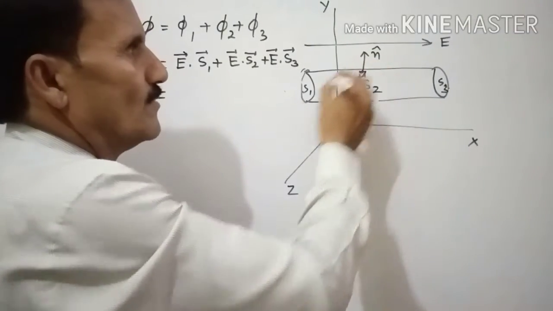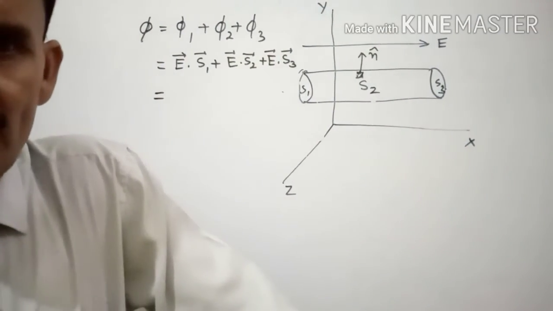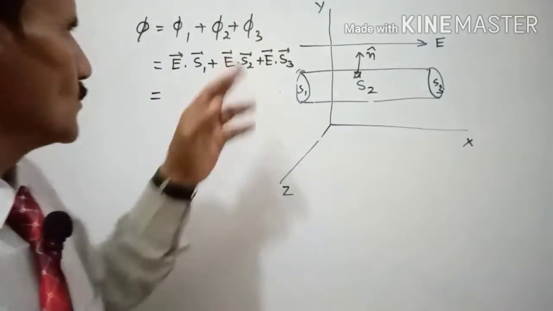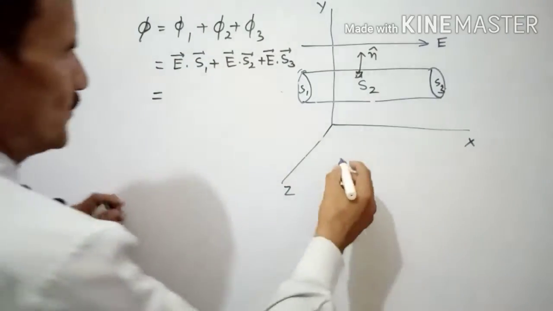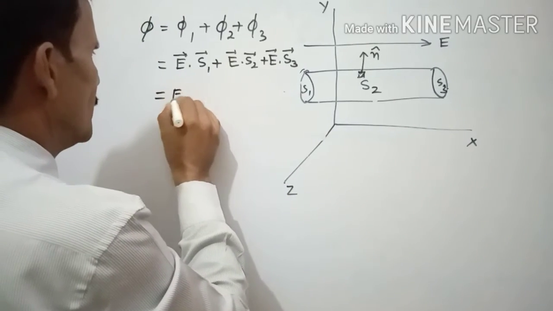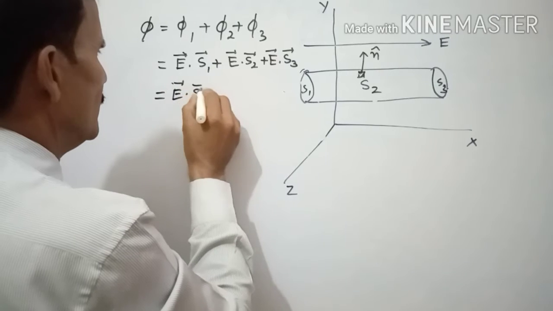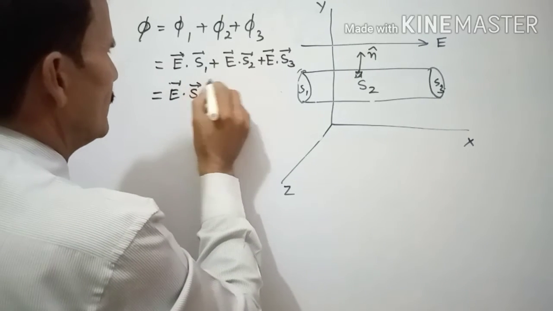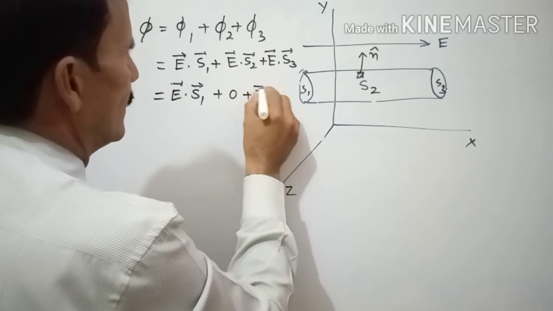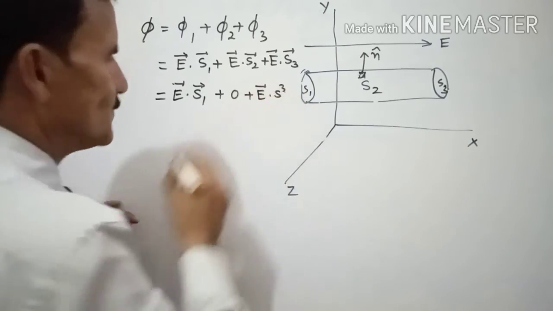So this is always perpendicular to the electric field. So the angle is 90 degrees. When you take the dot product, that will become 0. So this E dot S1 will remain and this will become 0, and this is E dot S3.